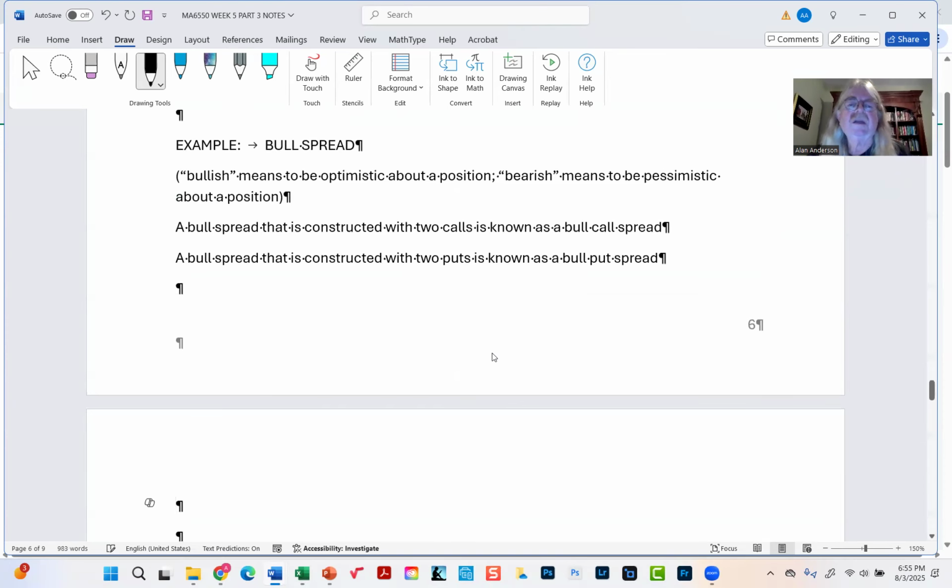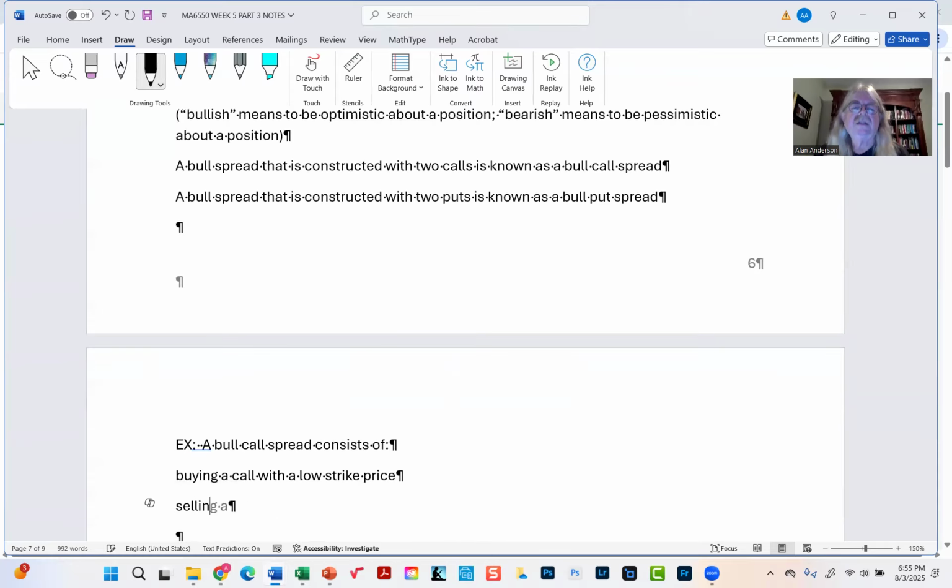So let's assume that we're looking at a bull call spread: buying a call with a low strike price, and then selling a call with a high strike price. Both have the same maturity and underlying asset.